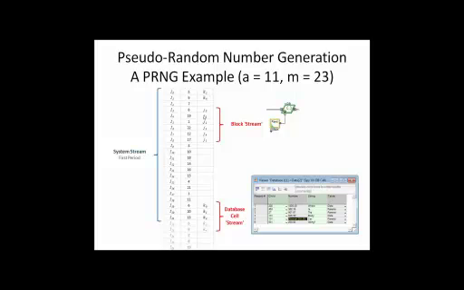But if it turns out that this block's starting seed is 8, then it's going to start generating in this portion of the system stream.